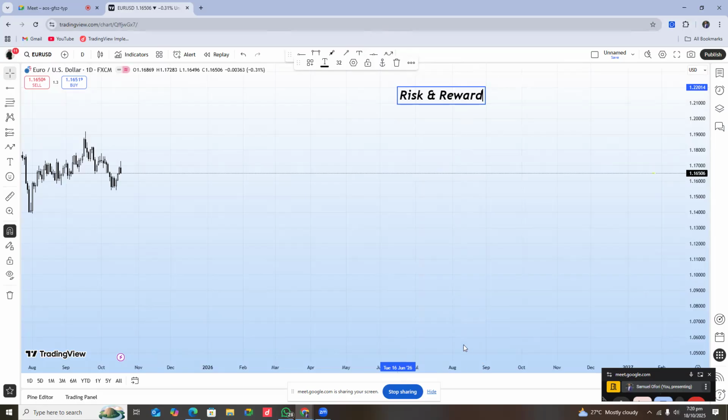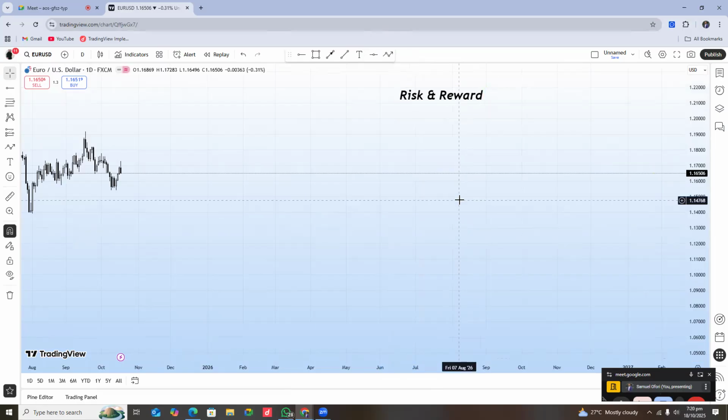When we talk about risk and then reward, whenever you take a trade, understand this, the moment you enter the market, you've taken a risk. Okay, the moment you enter the market, you've taken a risk. It's either the market will go against you or it will go in your direction. So these are the only two possible outcomes. All right.